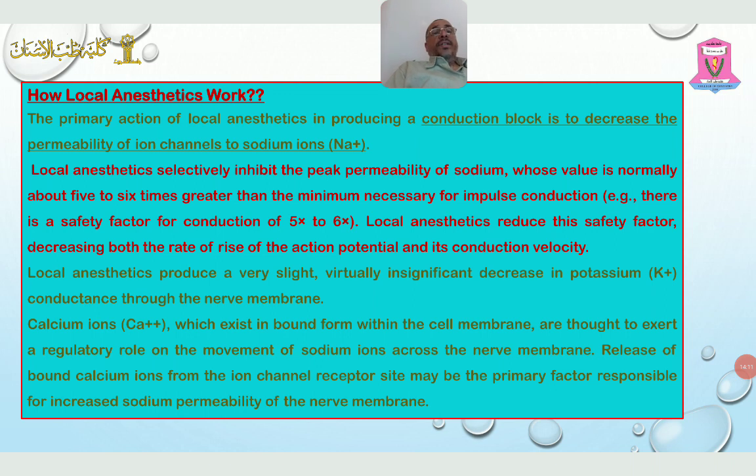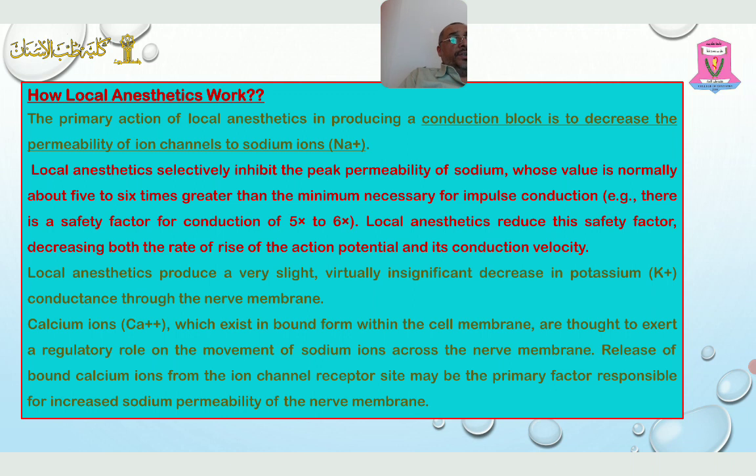How do local anesthetics work? The primary action of local anesthetics in producing a conduction block is to decrease the permeability of the ion channels to sodium ions. Local anesthetics selectively inhibit the peak permeability of sodium, whose value is normally about 5 to 6 times greater than the minimum necessary for impulse conduction.